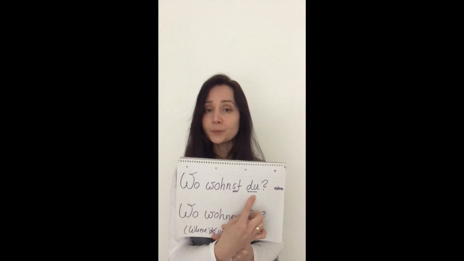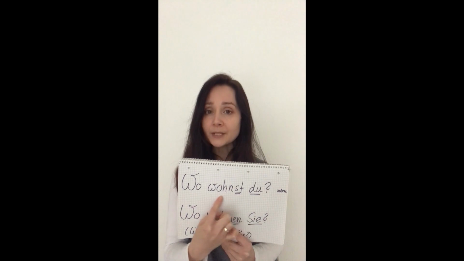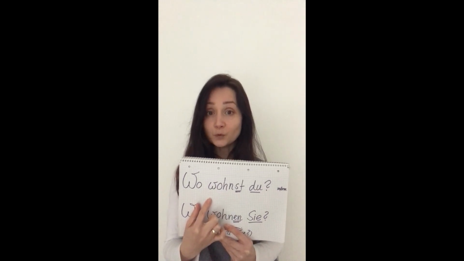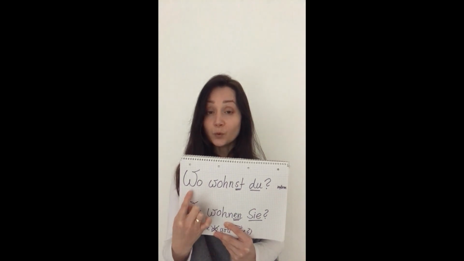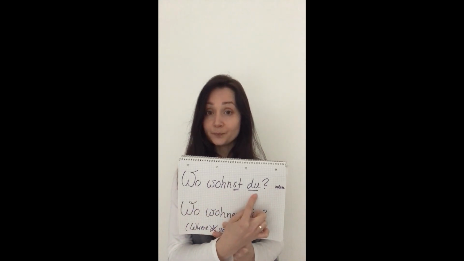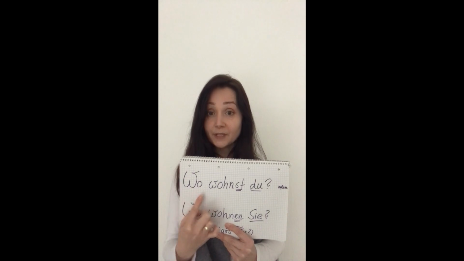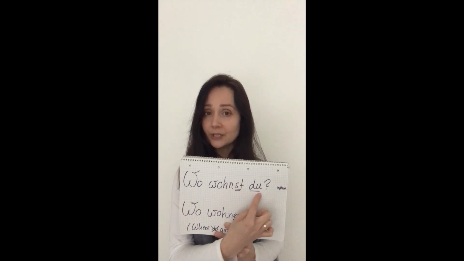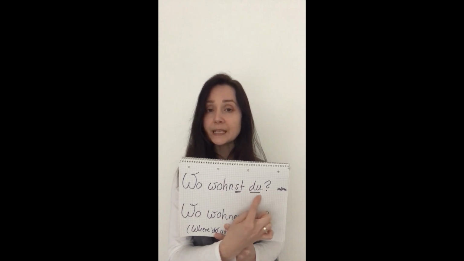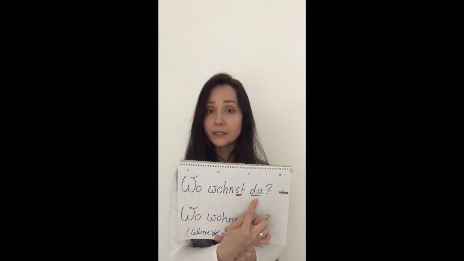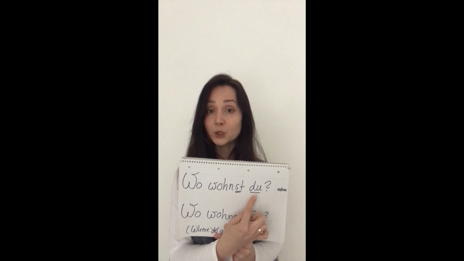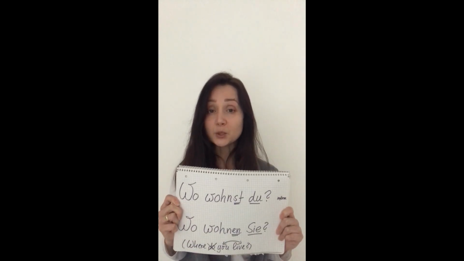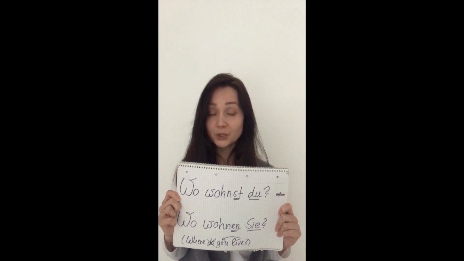Wo wohnst du? You remember at the beginning we said, ich wohne, du wohnst. First wo, then the verb wohnst with the correct ending depending on the person, and then you put the person here. This is actually the informal speech. Remember that du is always informal. Wo wohnst du?